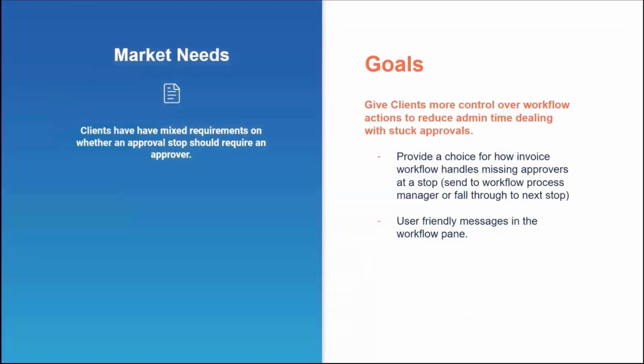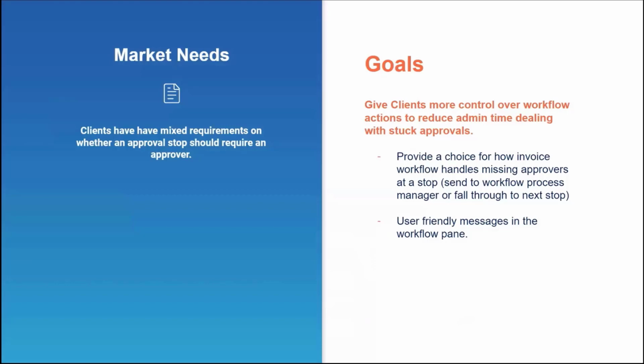The other thing that we did as part of version 7 is some improvements to the invoice workflow process. So the market need here is really around clients having some mixed requirements on whether in the invoice review process an approval stop has to have a valid approver, or whether it should just automatically flow on to the next level.